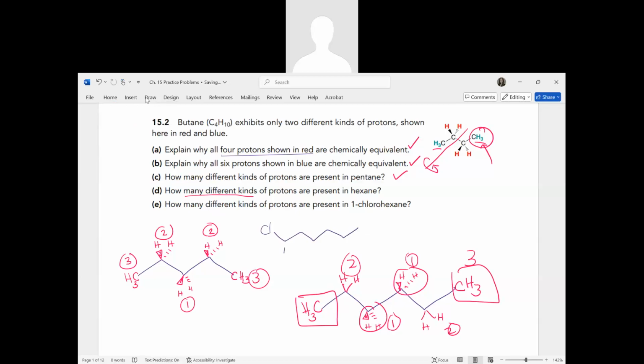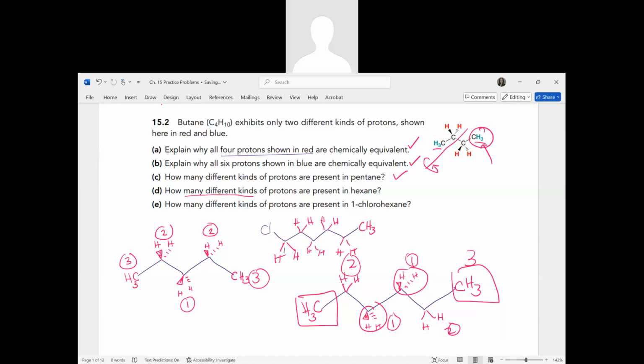And let's count all the different types of protons. So we have 2 protons here, 2 shown here, 2 here, and the like. So we have 2, 4, 6, 8, 10, and then our CH3 on the end here.